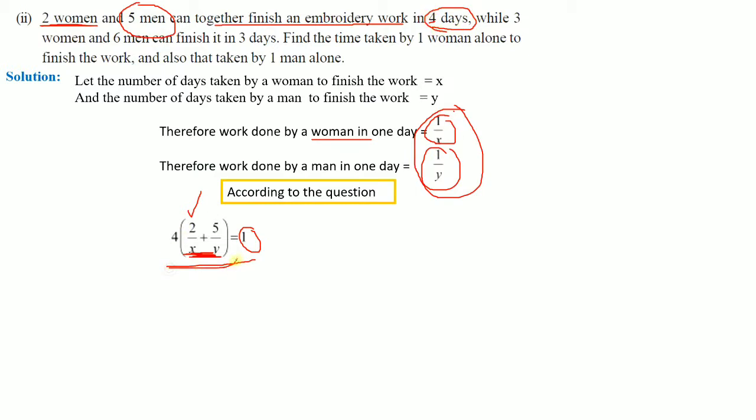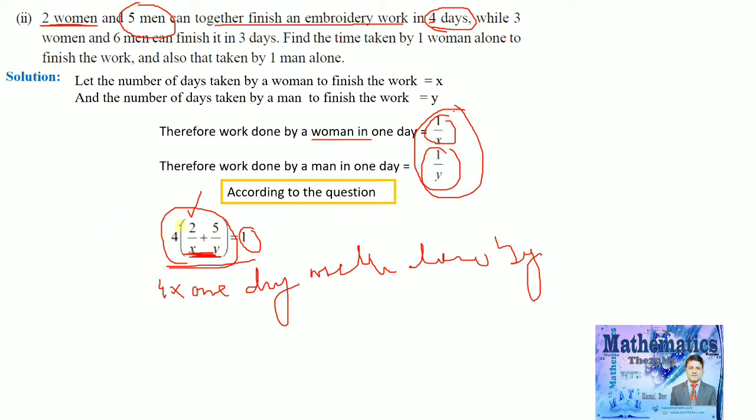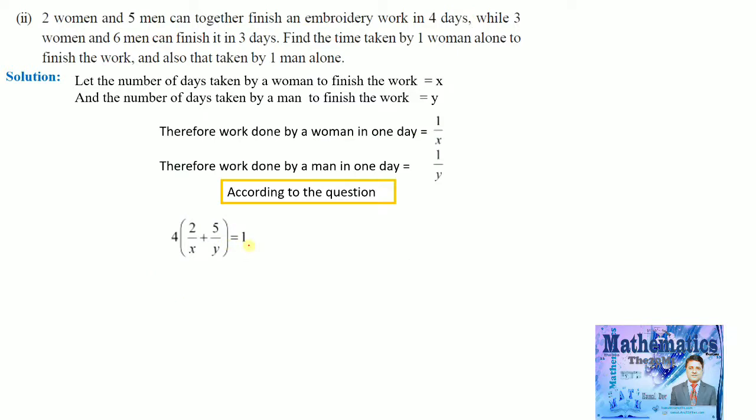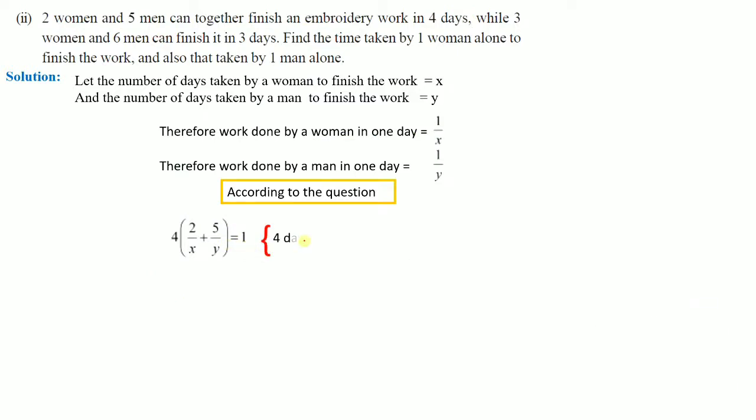So 4 into the 1 day work done by 2 women and 5 men equals the work done.